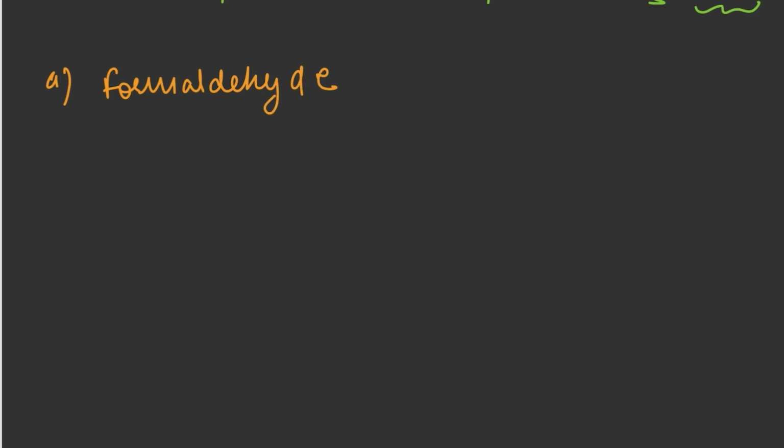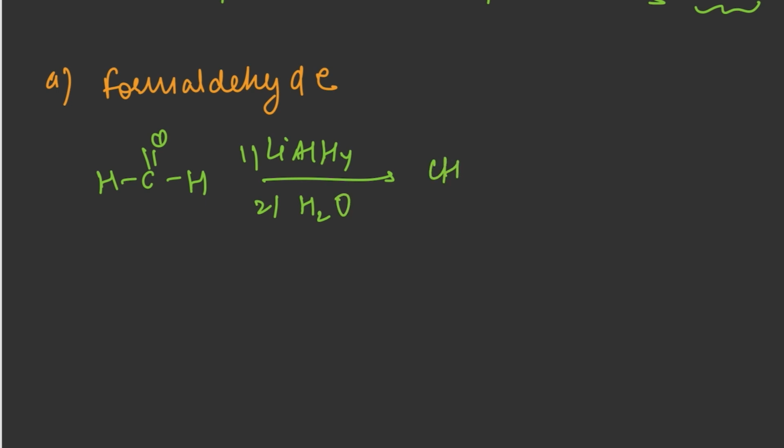So first of all, let's react it with formaldehyde. Reaction of formaldehyde with LiAlH4. So formaldehyde, H double bond O, reacts with first LiAlH4, second H2O. So it forms CH3OH. So what mechanism will it follow? We all know that LiAlH4 leaves H minus.